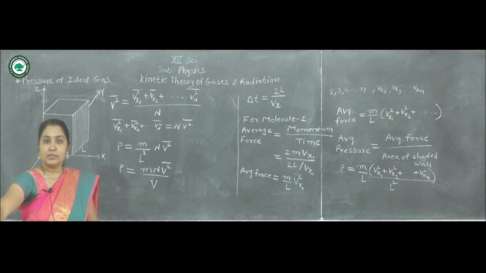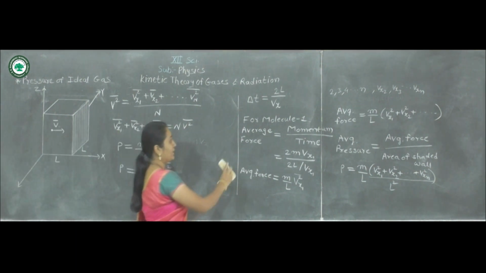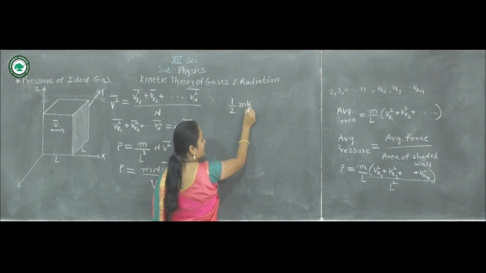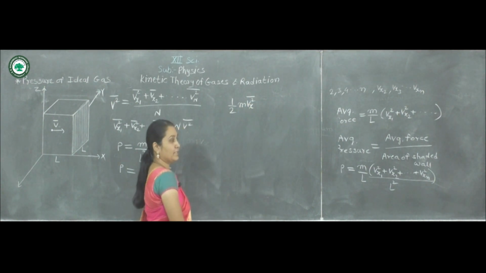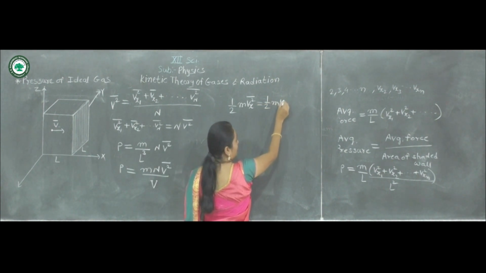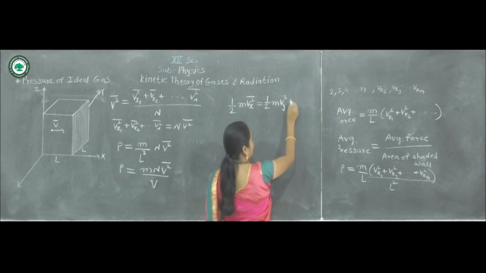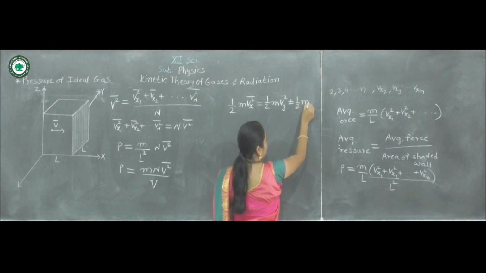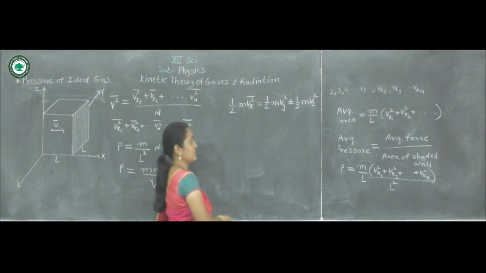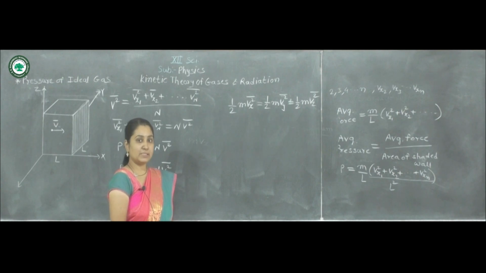Now the collision of this molecule is elastic, so we can write the kinetic energy of each component, that is 1 by 2 m Vx square, is equal to 1 by 2 m Vy square, equal to 1 by 2 m Vz square. This is because the collision of the molecule is elastic.